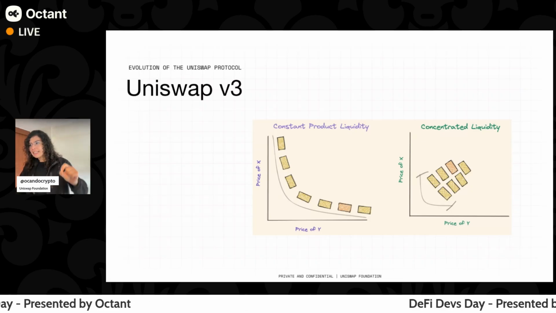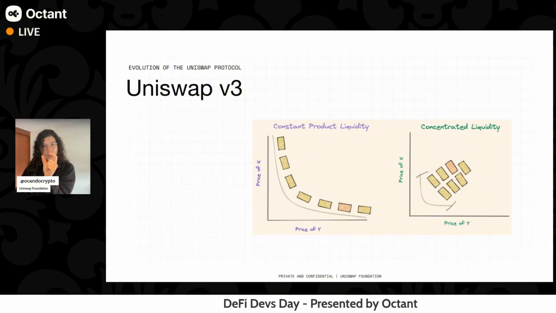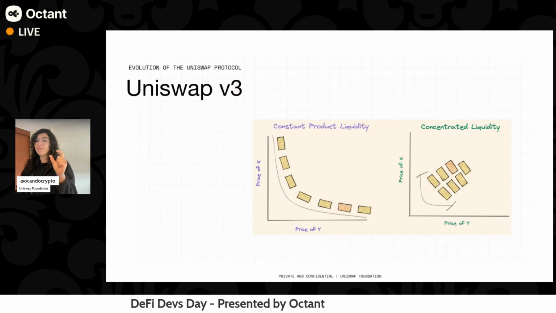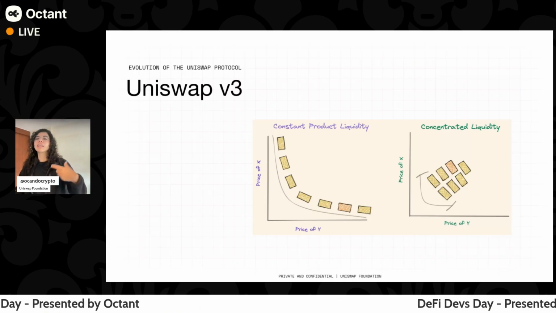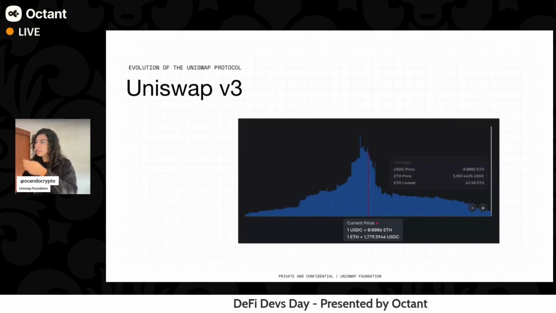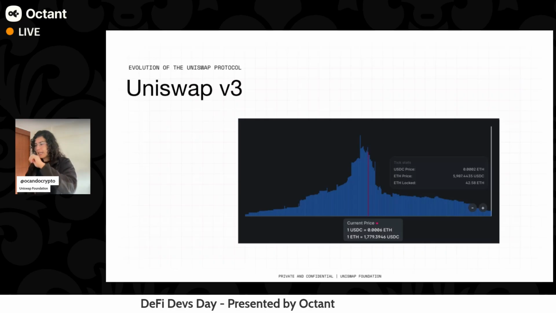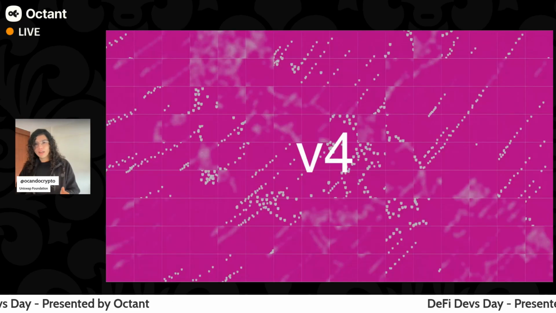What that means is that now you don't have to trade over the whole curve, but rather in a small range that liquidity providers can set. That way, price execution is better on one side, and LP profitability is better on the other. How it looks in the interface today is that you go over and set the range where you're going to add your liquidity.